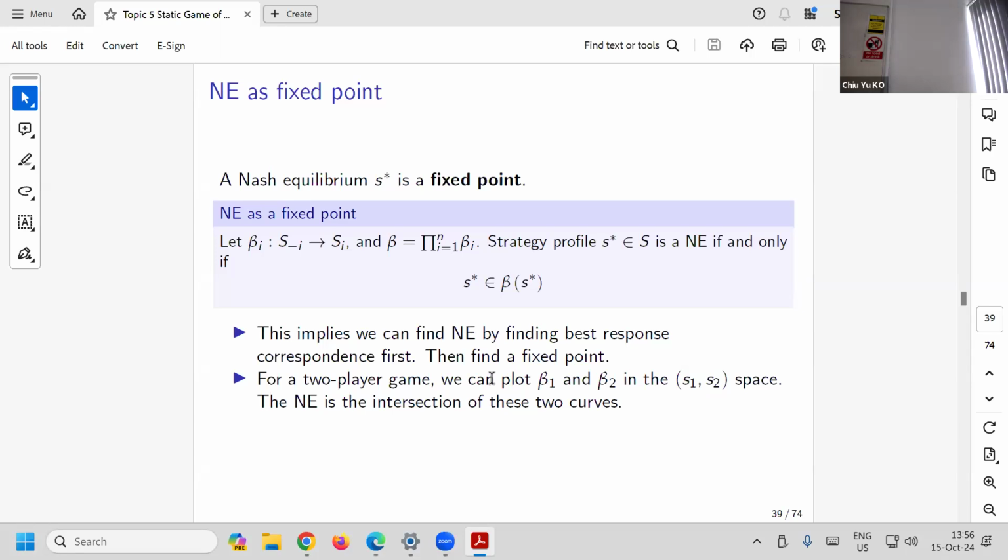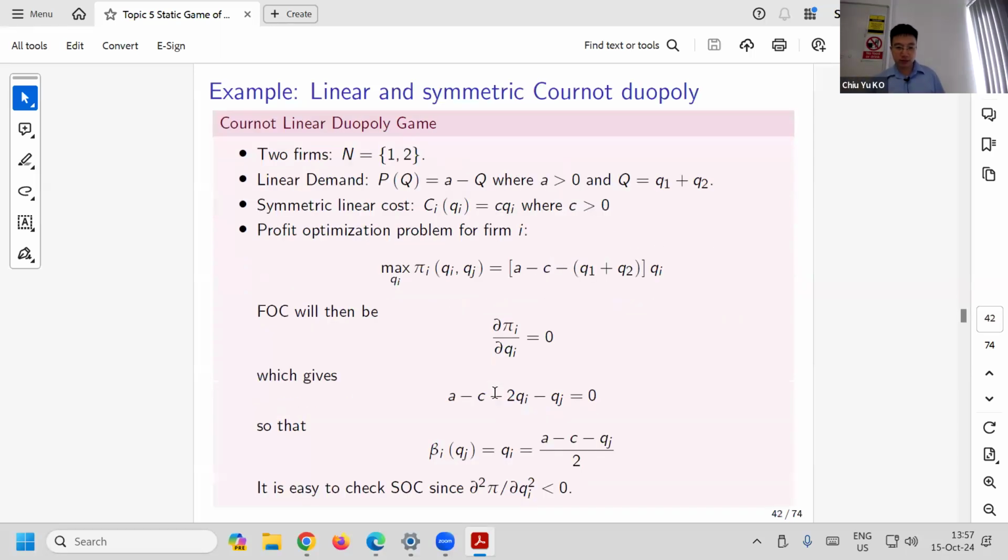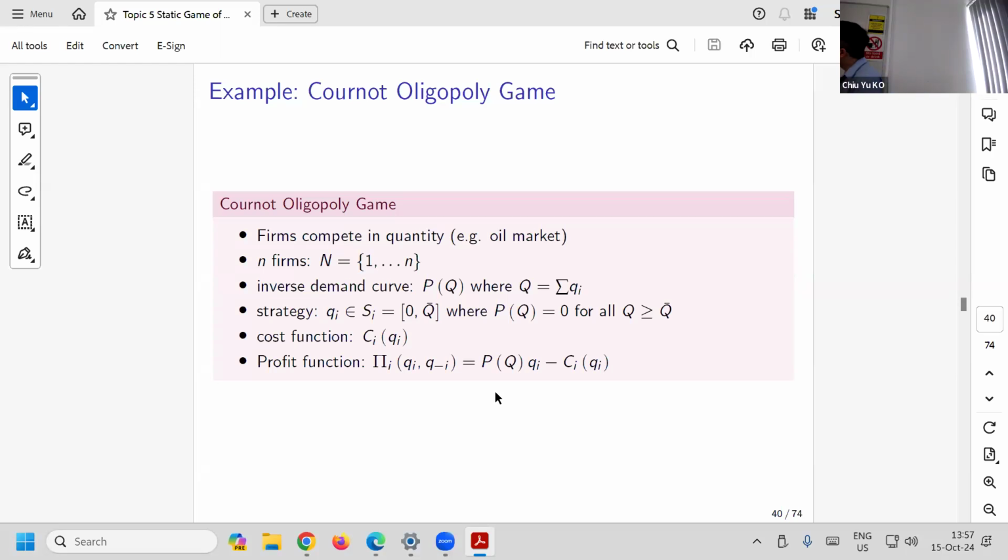And if you have two-player games, you can plot this, and the intersection will be my solution. But let me give you a more precise example that will probably make you feel happier. The general model is like this: we have seen the Cournot model with n firms and downward-sloping demand.